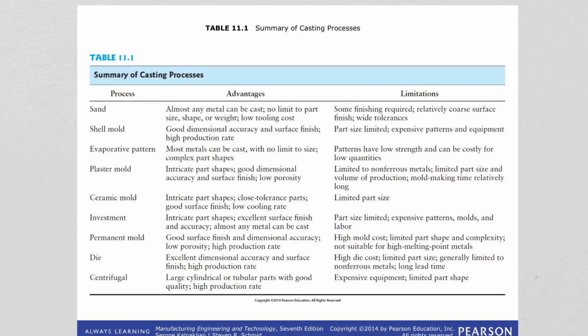Okay, so we are seeing the summary of what we are going to learn. Here the advantages and limitations of each of these processing techniques are given. For example, can we produce complex shapes, or what is the surface quality for each of these techniques? Is it a good quality or a bad quality? Is it limited by size? How many parts can we produce?